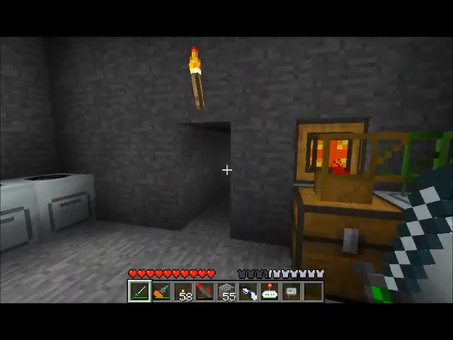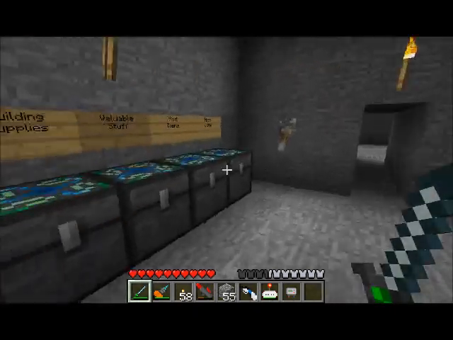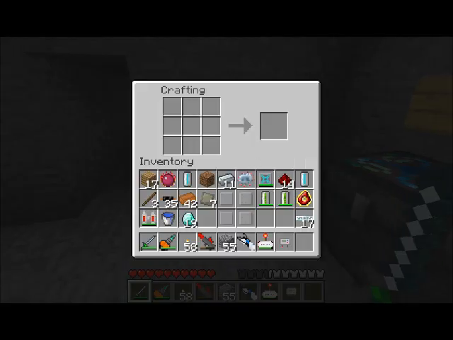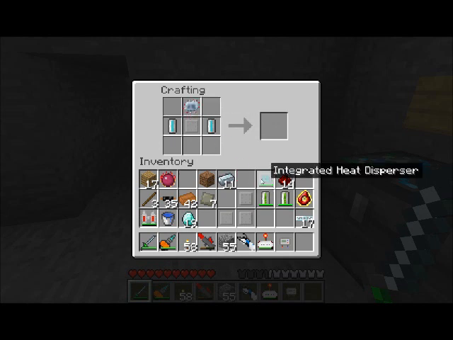I left some of my components in the reactor back there. Okay, and let's see here. Building another one of those integrated heat dispensers. Okay. Why? You'll see in a moment, don't worry. Settle down. Let's see. Yes, I've got everything I need.